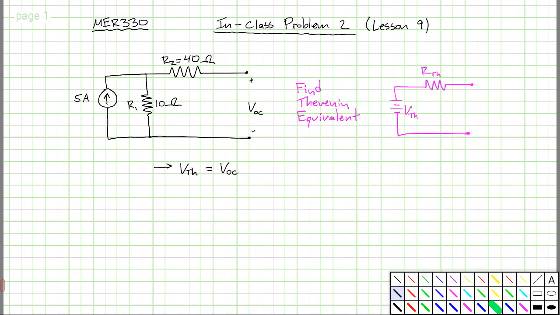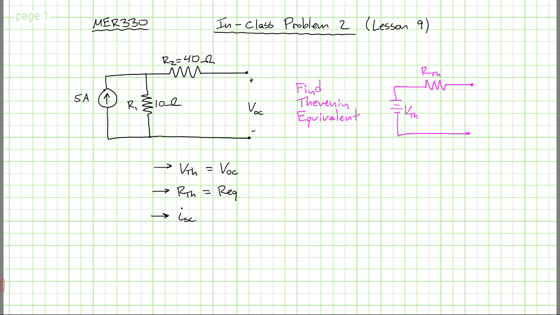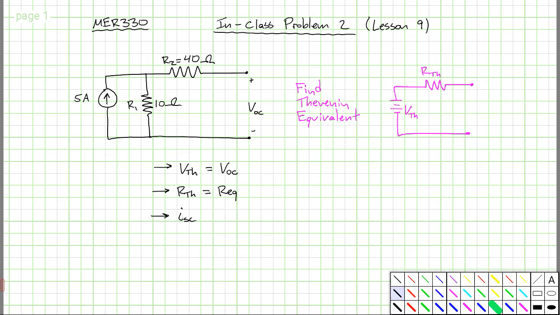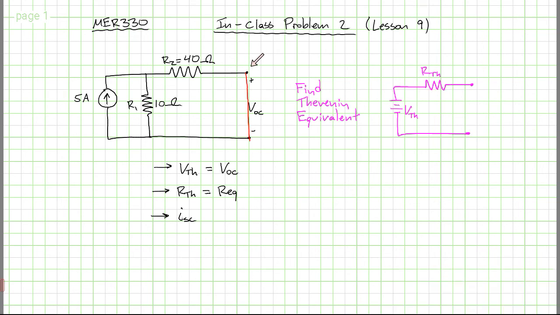The second thing we need to find is the Thevenin resistance, which is the same as my equivalent resistance. And the third thing I can find is my short circuit current, which is the current that would flow across this if I were to connect these 2 wires. So if I was to connect these 2 wires, then there would be a current flowing here, and I would call that my short circuit current.